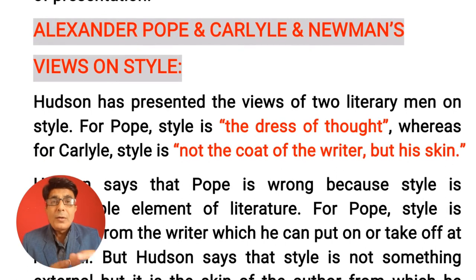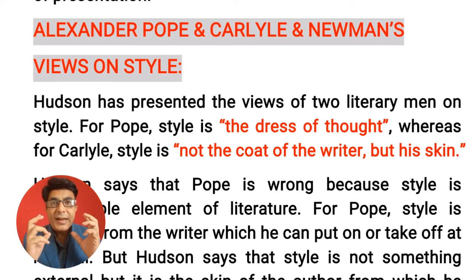Now William Henry Hudson has also presented the views of three poets and critics: Alexander Pope, Carlyle and Newman. All these three critics and poets have expressed their views on style. For example, Alexander Pope says that style is the dress of thought.